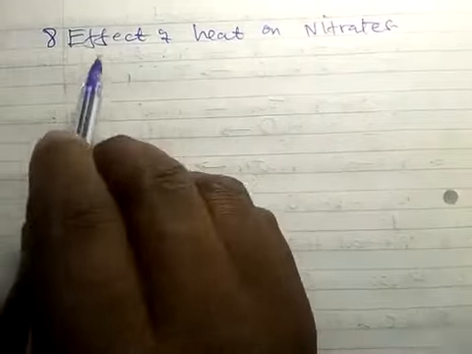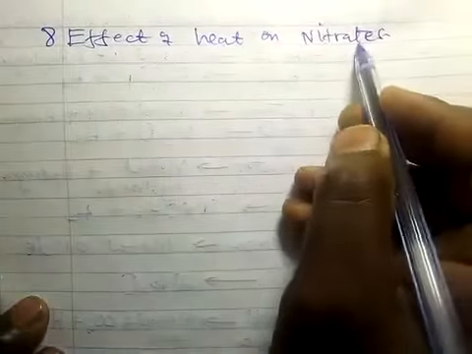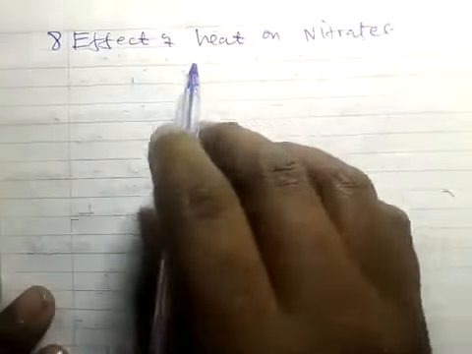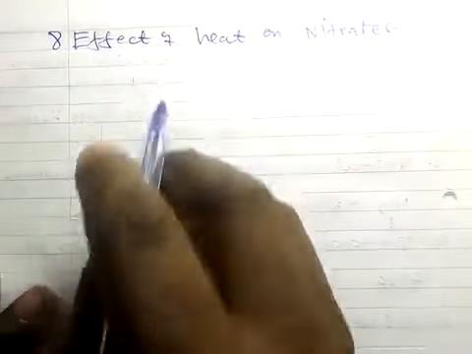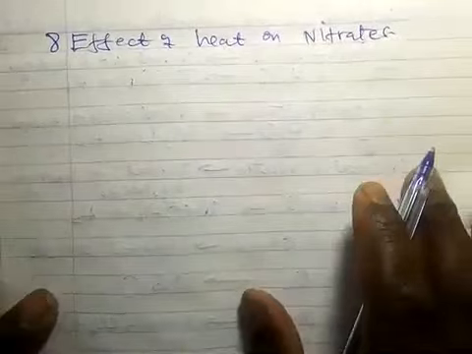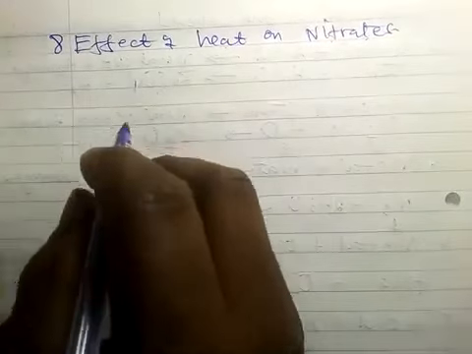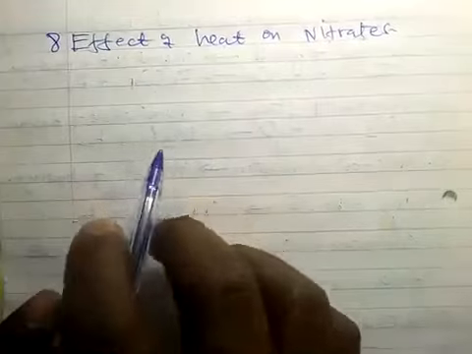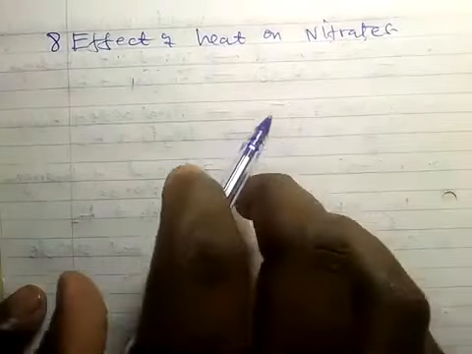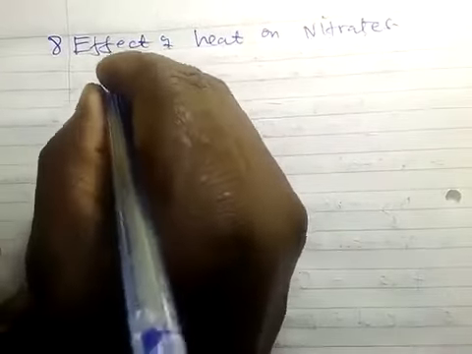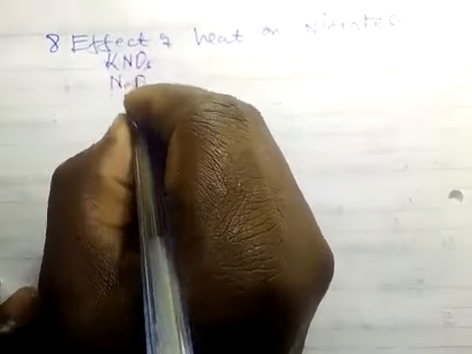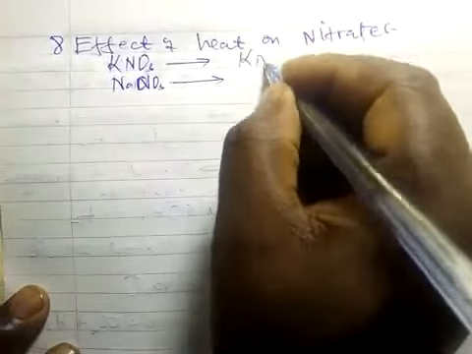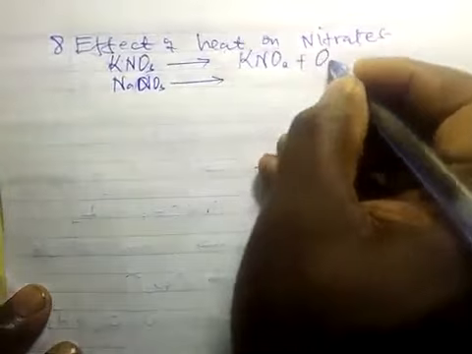Number 8, effect of heat on nitrates. In short, we are asking, what are the products formed when nitrates are heated? Here we have 3 scenarios. We have 3 scenarios where nitrates, when heated, give different compounds. Nitrates of the most reactive metals, like potassium nitrate and sodium nitrate, when they are heated, give potassium nitrite plus oxygen.